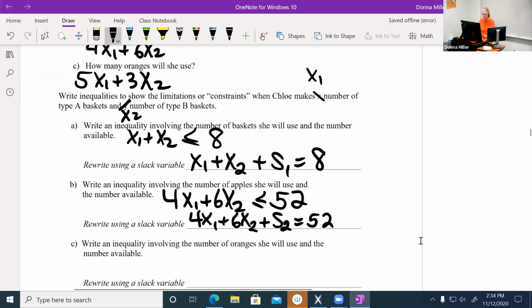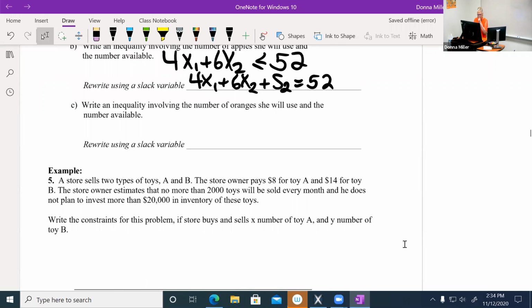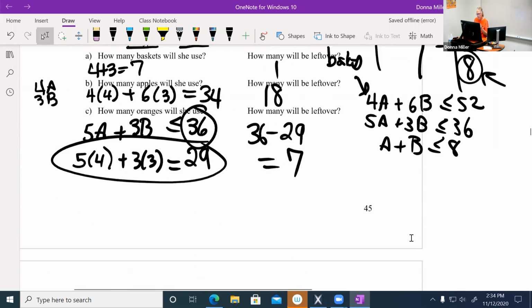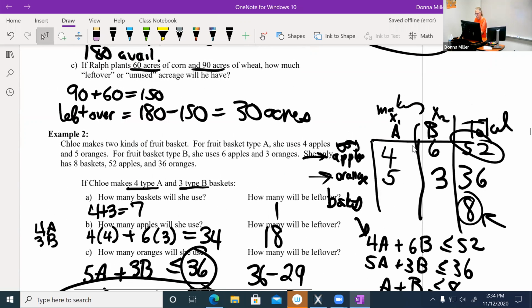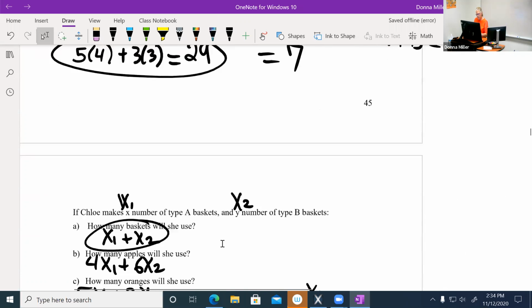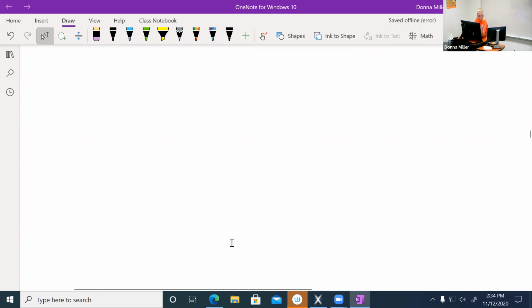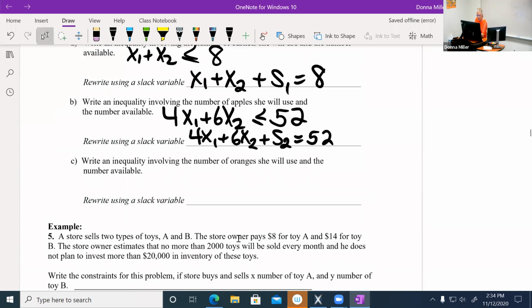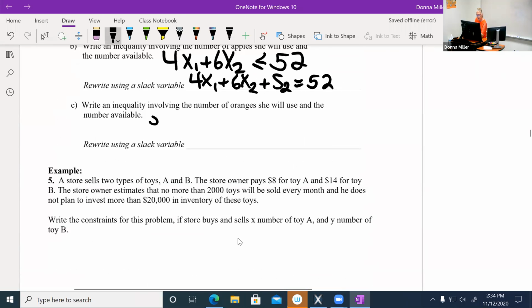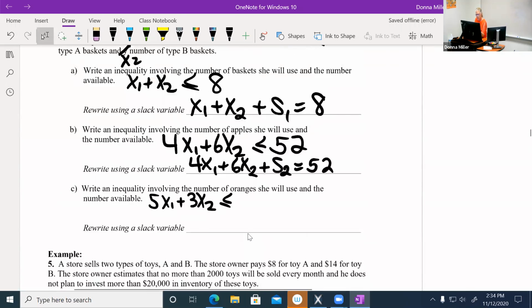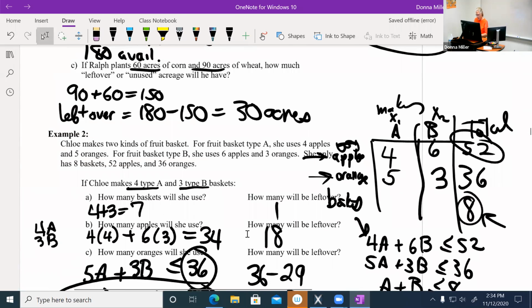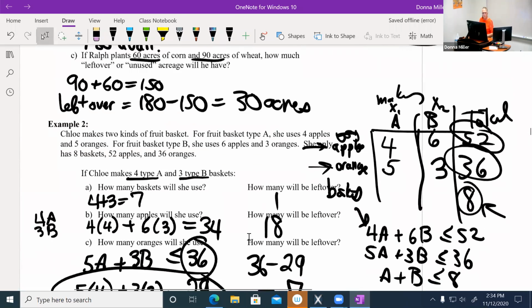We've got one more to go. Number of oranges. The number of oranges would be 5X1 plus 3X2, just looking at my chart. And I know that's less than or equal to the total number of oranges I have, which, if I look at my chart, is 36.